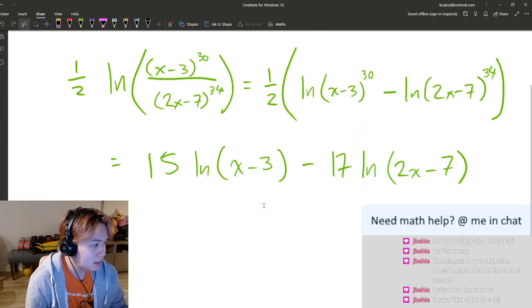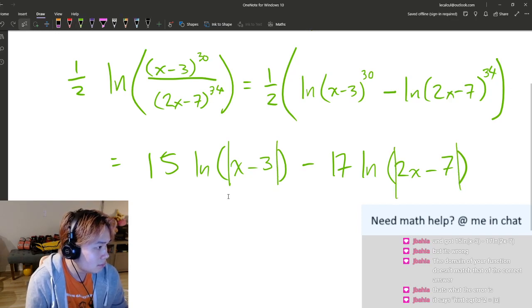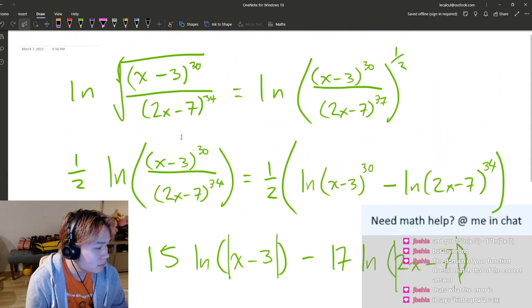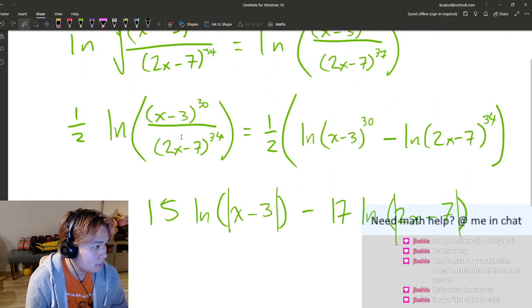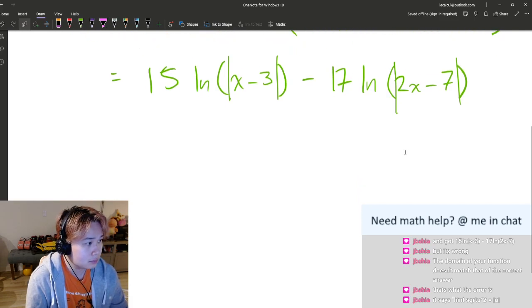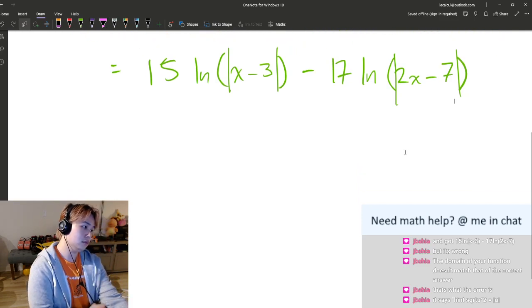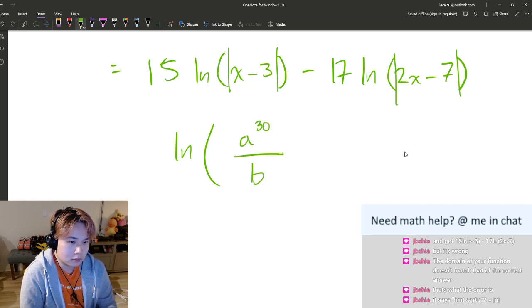Oh, I guess you have to be a little careful and then maybe add these absolute values in. And then try this out. Yeah.